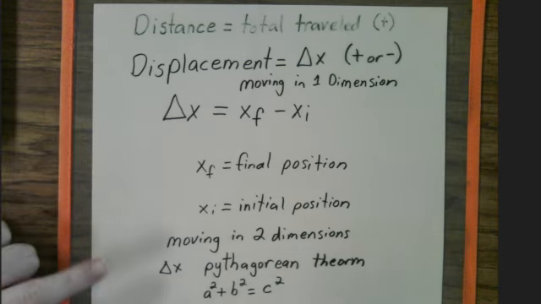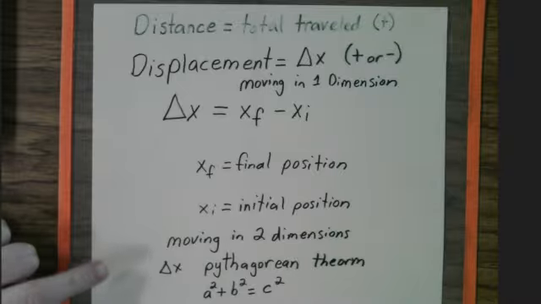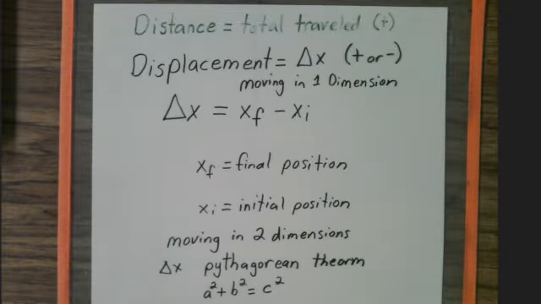Our second formula is going to be using the Pythagorean theorem, because our movements are going to go just like a triangle. And so we're going to need to find that hypotenuse, which will use a squared plus b squared equals c squared. So let's go ahead and get started with our first problem.